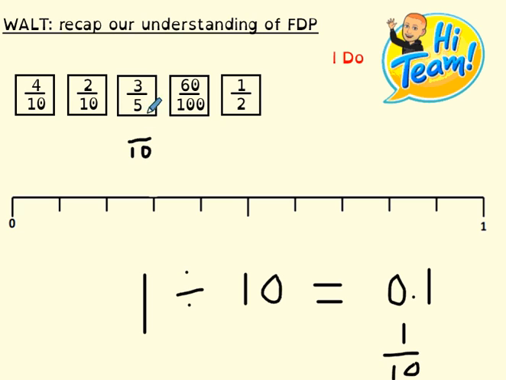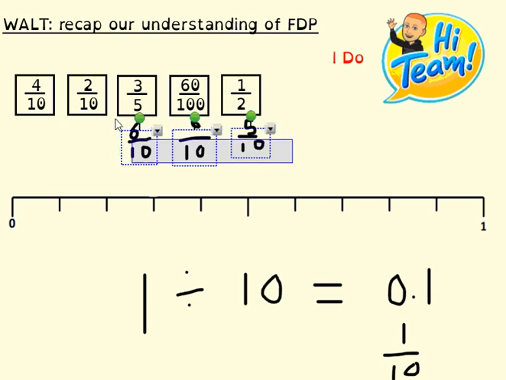If I want to put my 60 over 100 as a fraction over 10, I've got to divide my numerator by 10 because I divided my denominator by 10 to get from here to here. 60 divided by 10 would be 6. And a half, well, I times it both by 5 because I times my 2 by 5 to get to 10. 1 times 5 is 5. So I've got 6/10, 6/10, 5/10, as well as my 2 nice easy ones here.